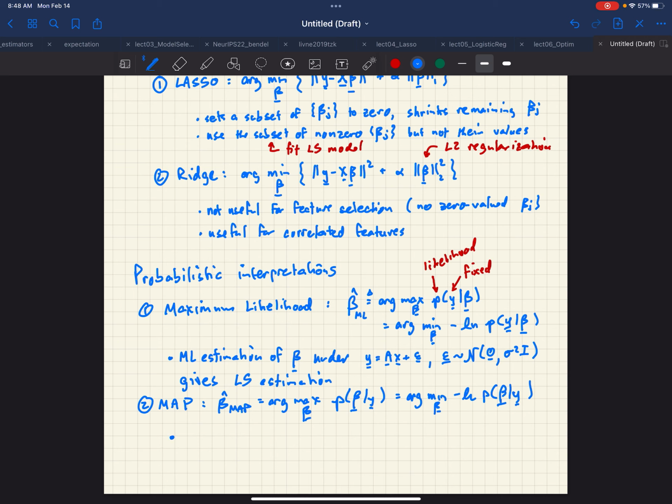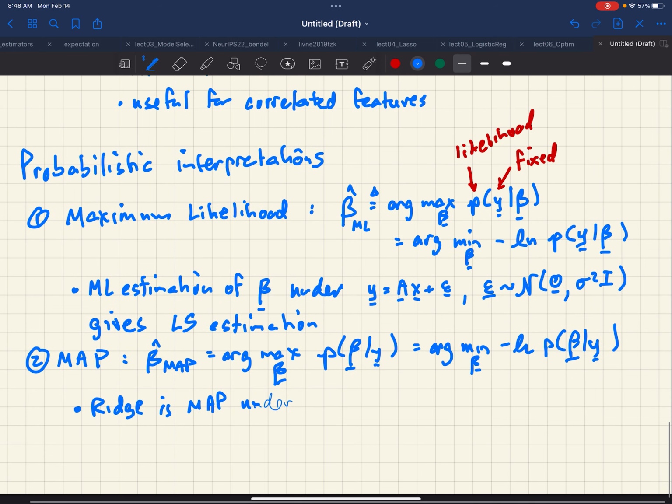And a couple of examples here. Ridge is MAP under the model y_i is x_i transpose beta plus epsilon_i, where epsilon_i is Gaussian with 0 mean and variance sigma squared, IID, and then beta_j is Gaussian with 0 mean and some variance v, also IID.